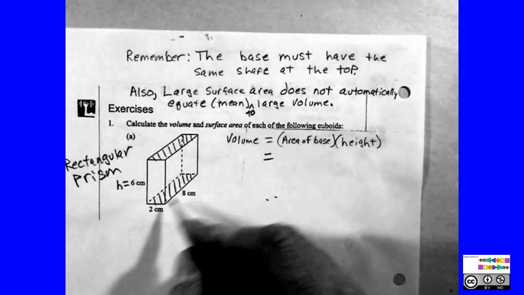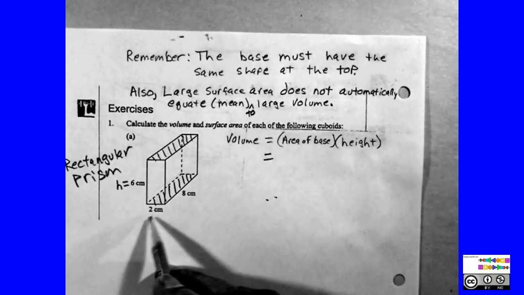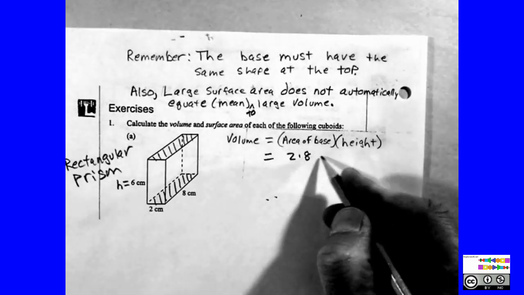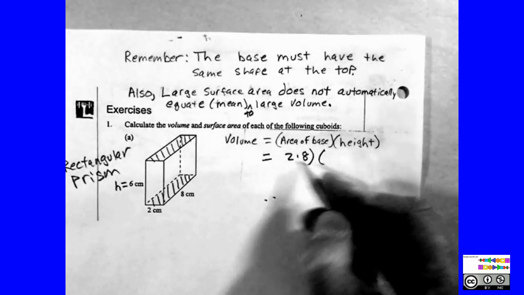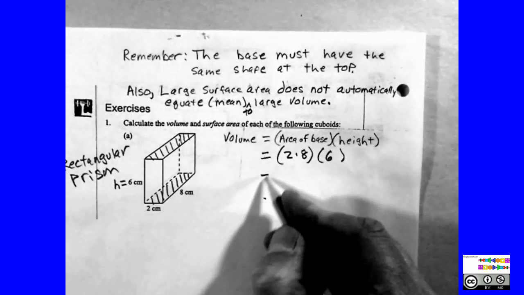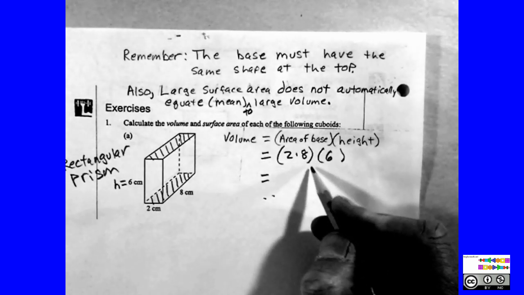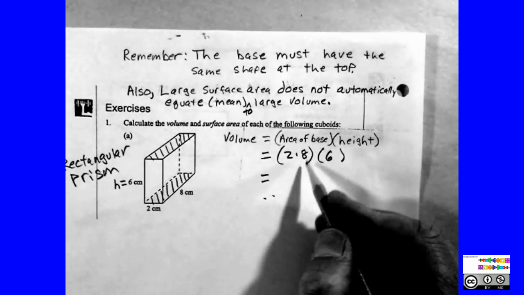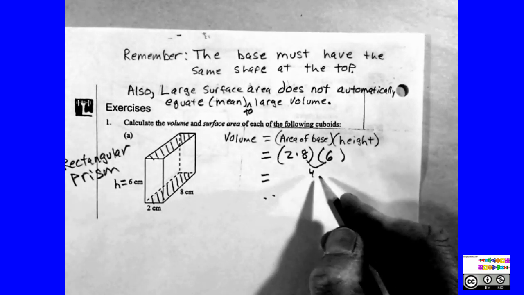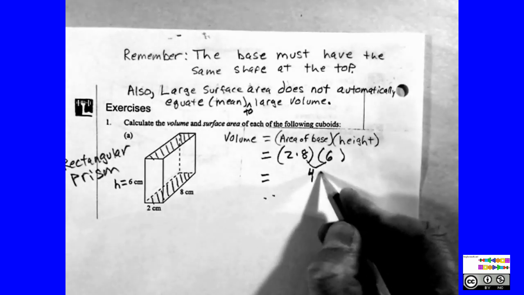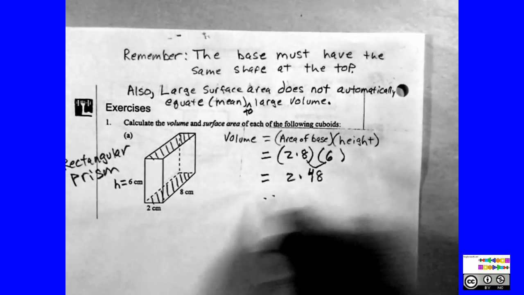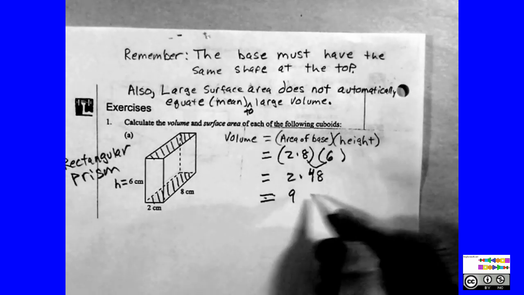Going here, the volume is the base, which is 2 times 8, times the height, which in this case is 6. 16 times 6 isn't as easy for me as 48 times 2, which is 96.